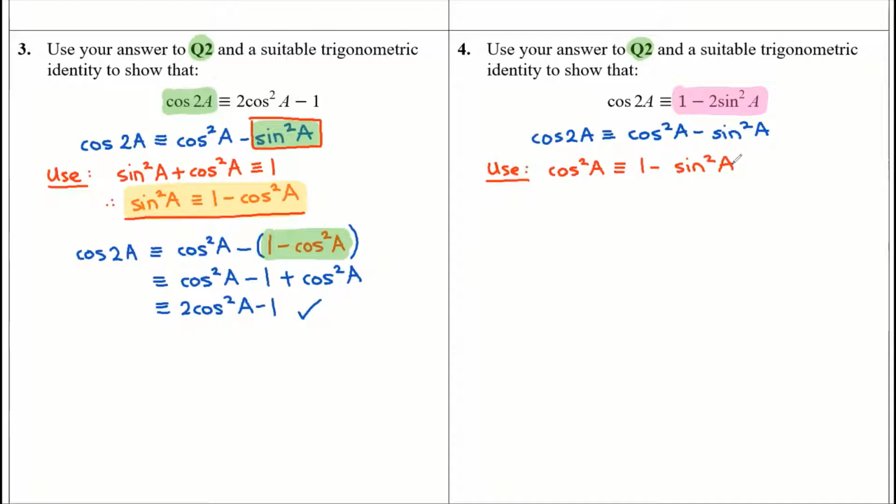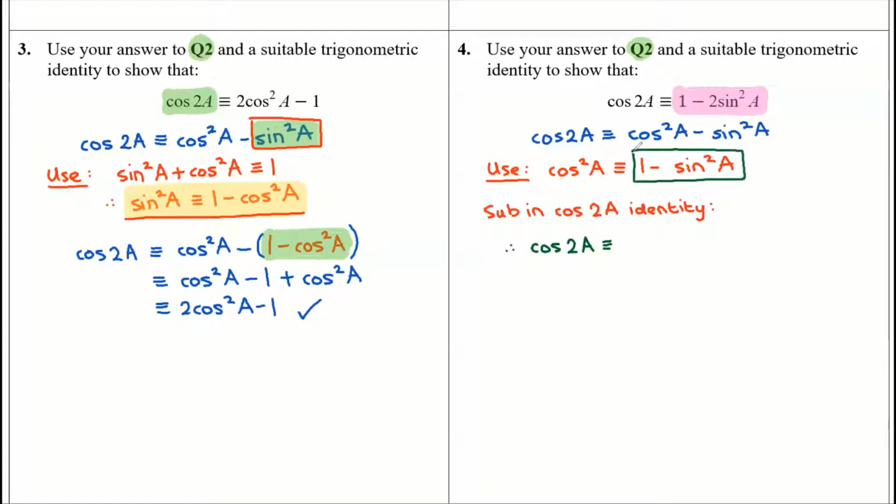Okay, and we sub it in. Sub in the cos 2a identity, just in case I've not made it clear. So therefore, cosine of 2a is identical to, and we're replacing the cos squared a with this.